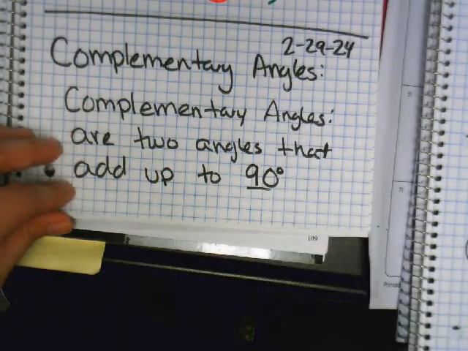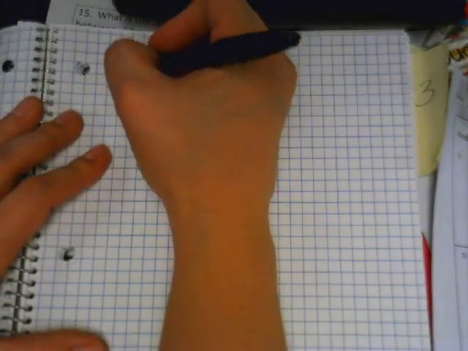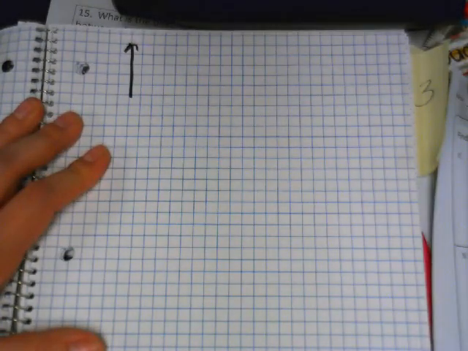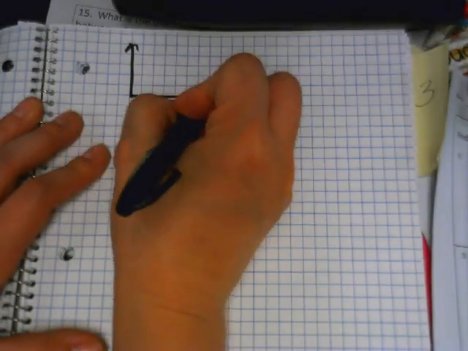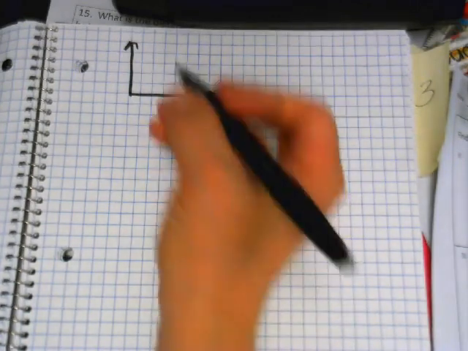What does that look like? Like a box. Good. They look like the letter L. I'll leave some space and then I'll turn the page. Remember, you're not the only one in class. I have to speed it up for everybody else. So skip a line, draw this, then I'll go back and turn the page. Okay, so this is 90 degrees, right?